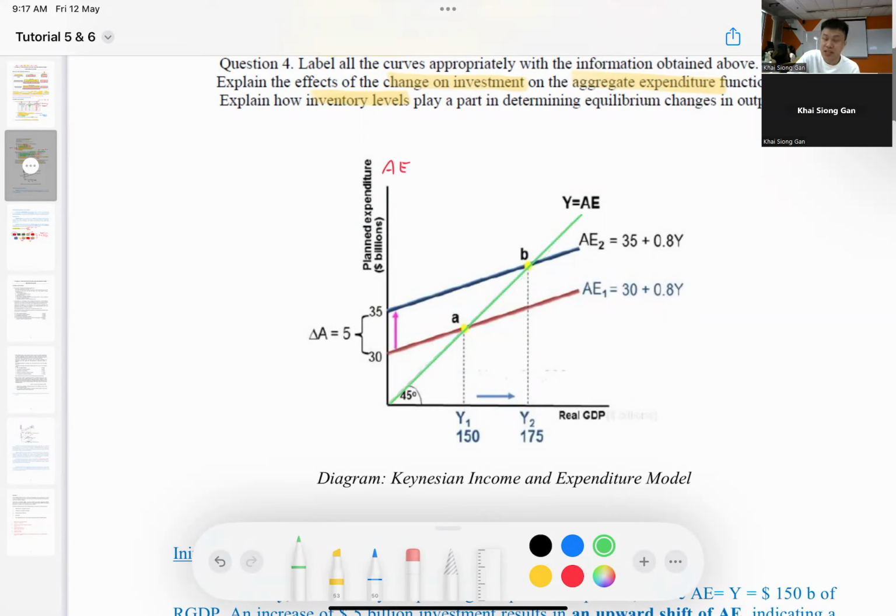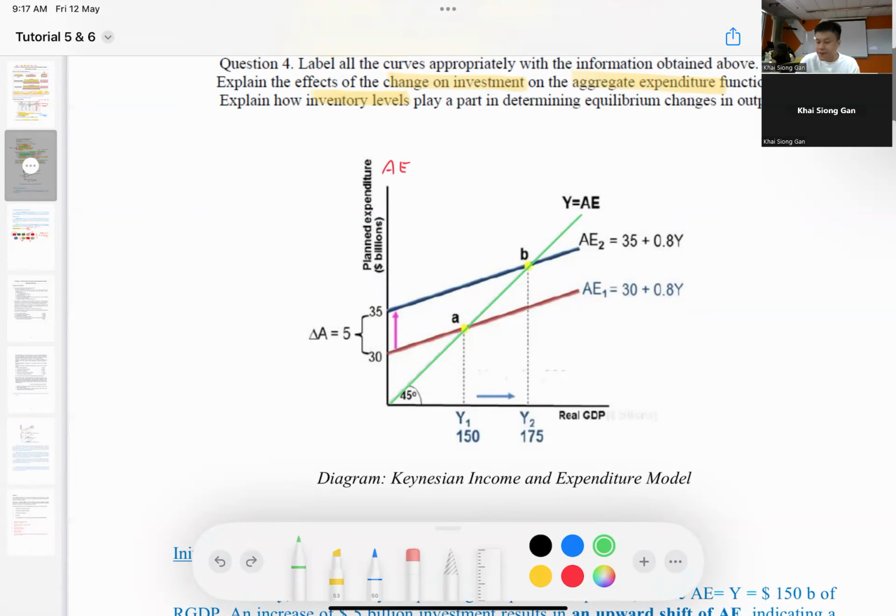So Y equals AE. Y is the output approach, AE is the expenditure approach, so Y should always equal AE. Every time there's an increase in total output, the real GDP, it should be followed by an increase in aggregate expenditure by the same proportion, theoretically speaking.